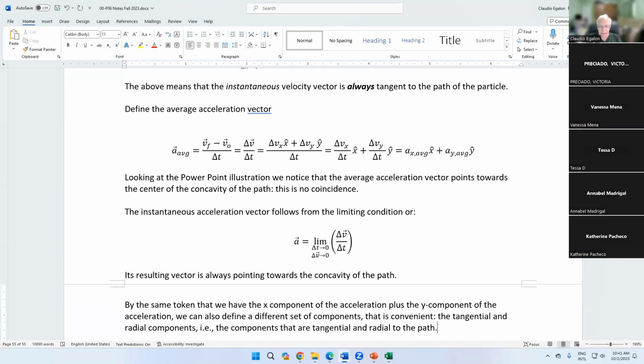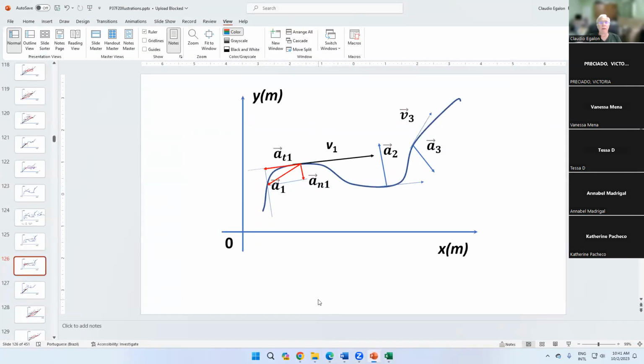And that's what we have right here. If you have an acceleration vector that points in this direction, it's still towards the center of the concavity, right? This acceleration vector is going to have a tangential component and a radial component. Now, this other acceleration vector barely has a tangential component.